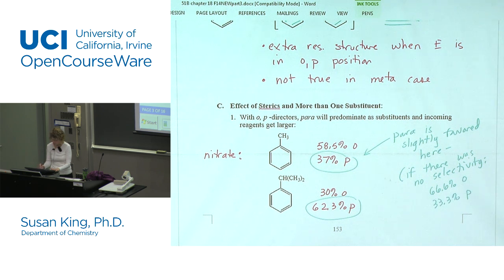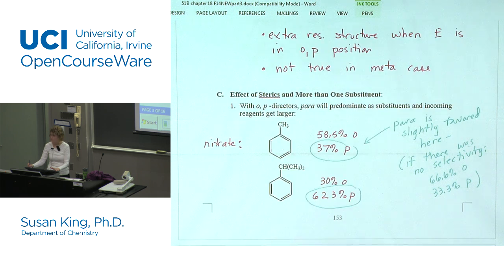As you can see, we do have a little bit more than 33%. So from the numbers, para is slightly favored, and that's because methyl is not very hindered, but it has some steric hindrance, which would make more go into the para position.